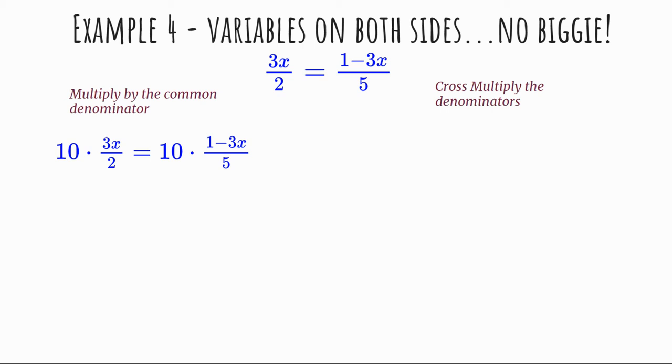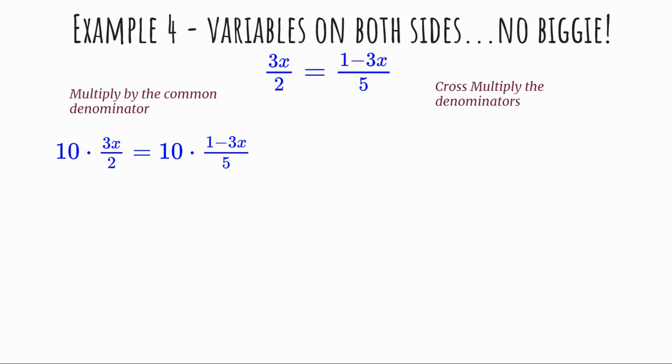So here's the first idea. We see that the fractions have a common denominator of 10, from 5 and 2. So if I multiply both sides by the common denominator of 10, I end up with a situation like you see here. So let's analyze term by term. On the left side, I would have something like 3x divided by 2 times 10.